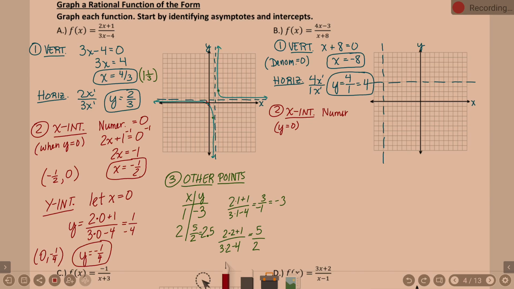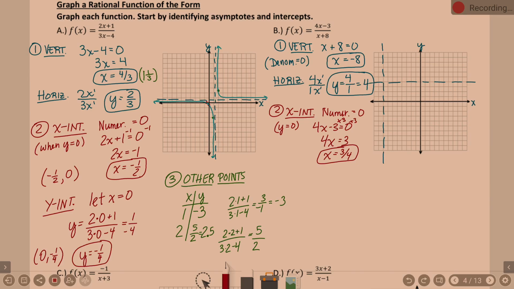So numerator equal to 0. What's my numerator? 4x minus 3 equals 0. So add 3. 4x equals 3. Divide by 4, and x is 3/4.